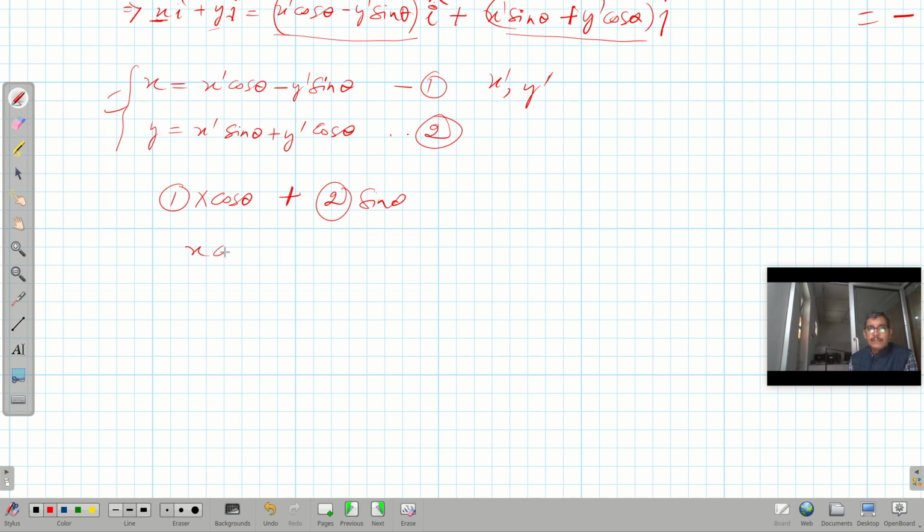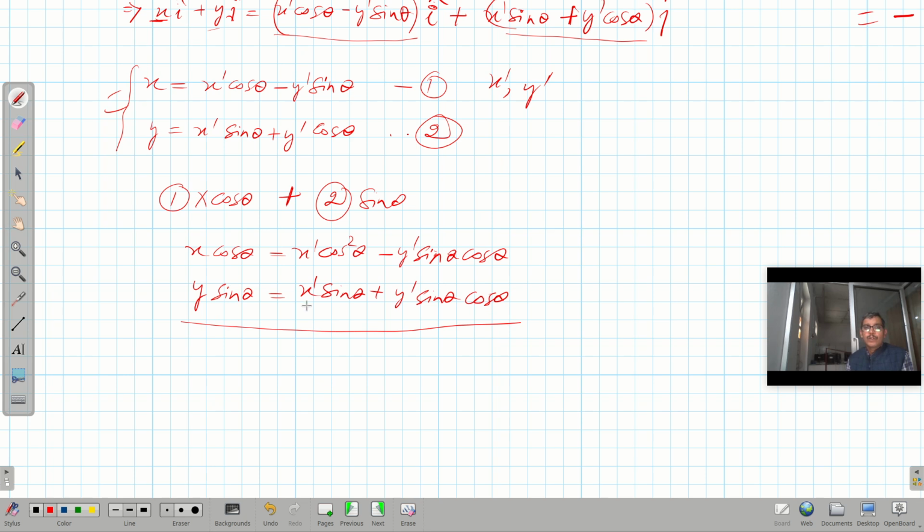It is x cos theta is equal to x prime cos square theta minus y prime sine theta cos theta, and y sine theta is equal to x prime sine theta plus y prime sine theta cos theta.